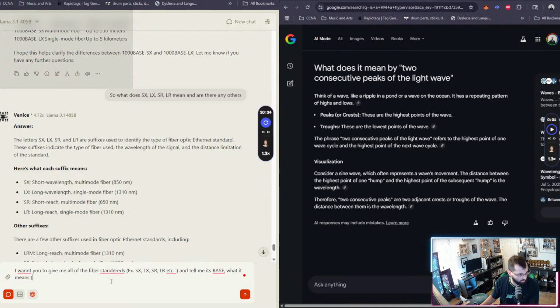So like SR means short, no, sorry, SX, short wavelength.